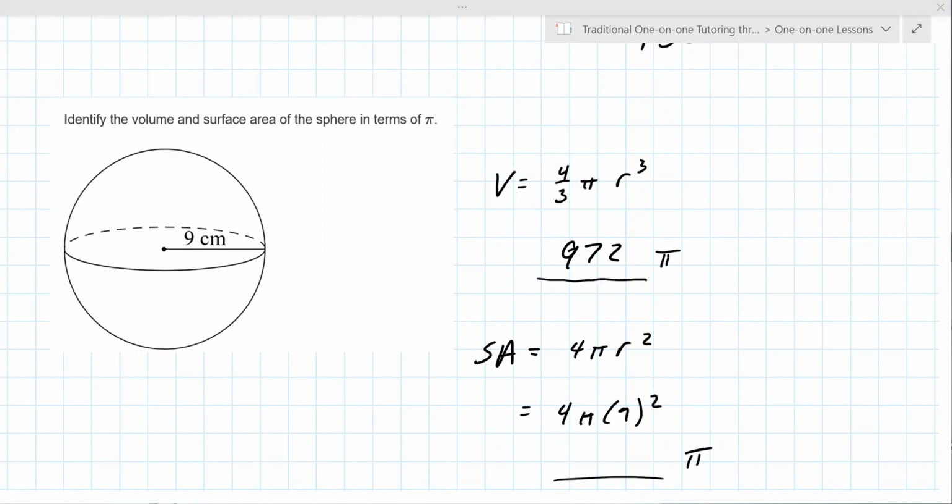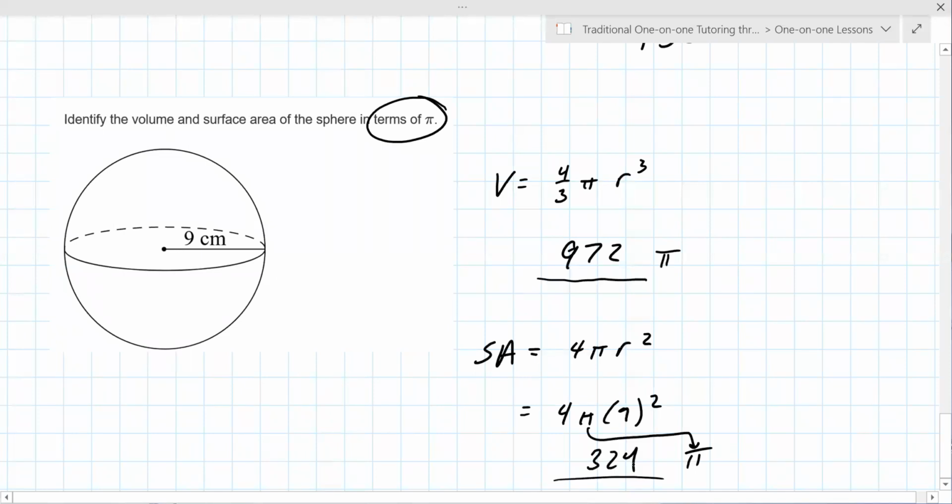Okay, so again, you're not supposed to put the pi in the calculation. Because it wants it in terms of pi, you're supposed to leave the pi out. You don't put the pi in the calculator. Just the other numbers. So just like 324 pi.